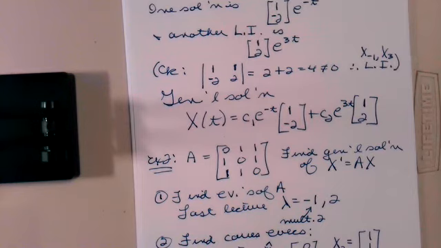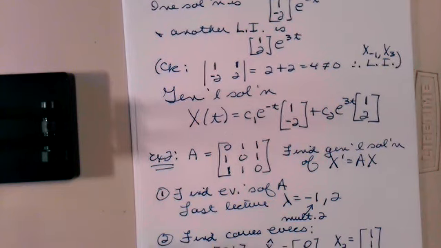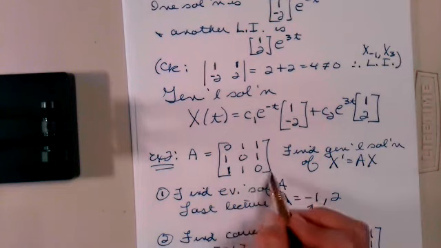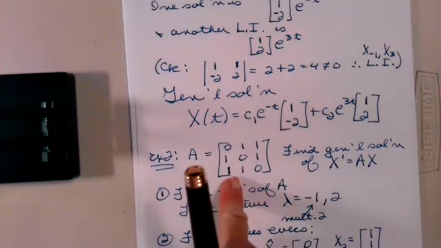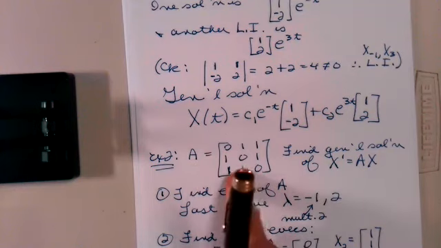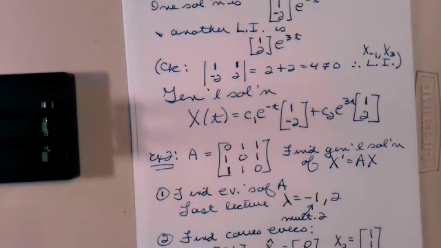One way to check it is to put them in the Wronskian, but another way is to notice that A adjoint equals A. What is A adjoint again? Remember, A adjoint means A complex conjugate transpose. If you take the transpose of this matrix, you get back the same matrix.